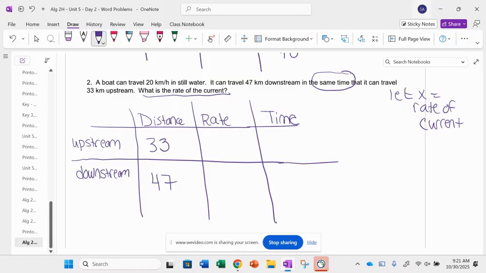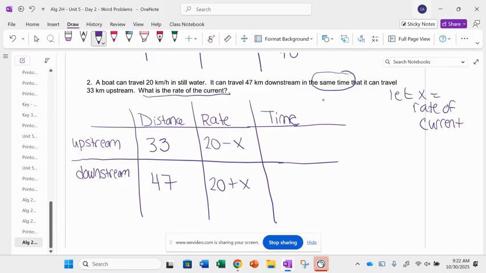So when we're going upstream, is that current going to help it or slow it down? Slow it down. So we're going to do 20 plus x or minus x? Minus x, because we're slowing down its rate. For the downstream, is that current going to make it go faster or slower? Faster. So it's going to be 20 plus x. You got it.